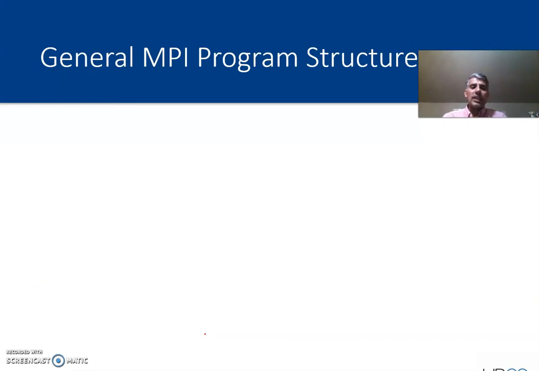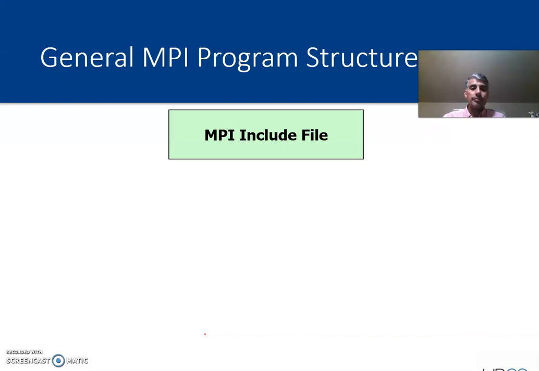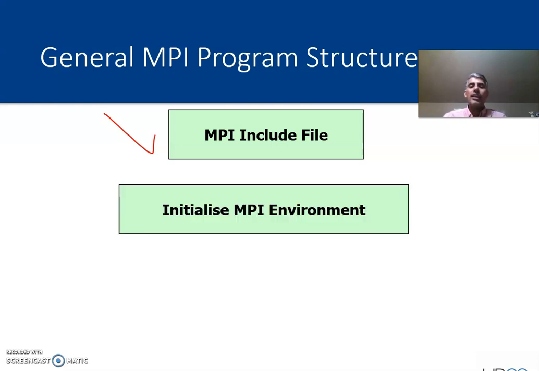All right, so now let's see what an MPI program looks like more specifically, going one step deeper than what we discussed in the previous slides. First of all, in C programs, we have include files, header files. So we have an include file saying to the C program that, hey, we are using MPI. And then we have a bunch of initializations.